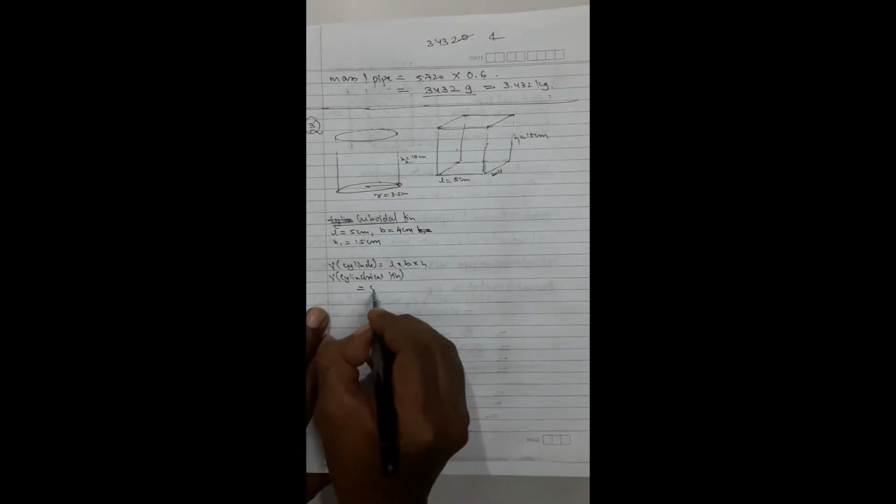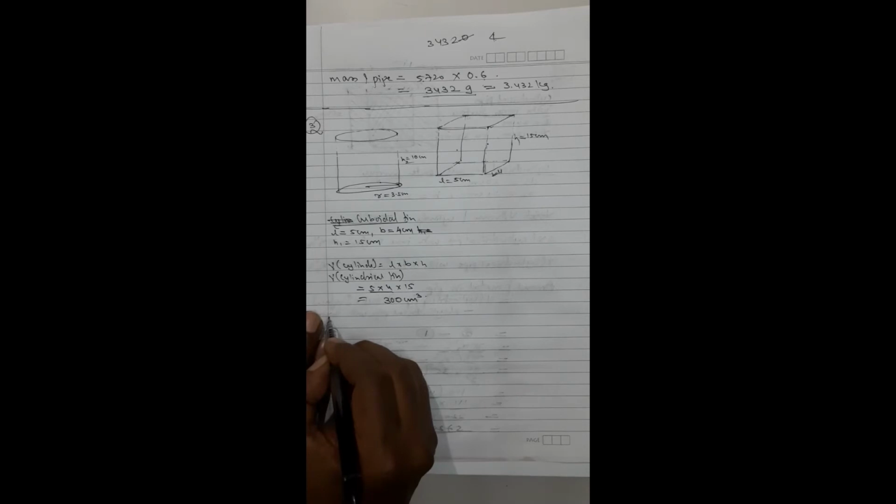Volume of cuboid is equal to length into breadth into height. Therefore, volume of cuboidal tin will be equal to length 5, breadth 4, height 15. 5 4s are 20. So 20 into 15 will be 300 centimeter cube.